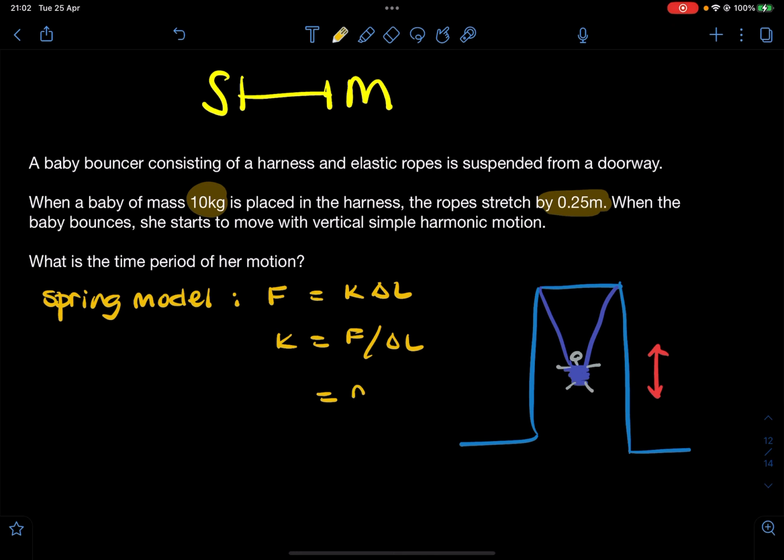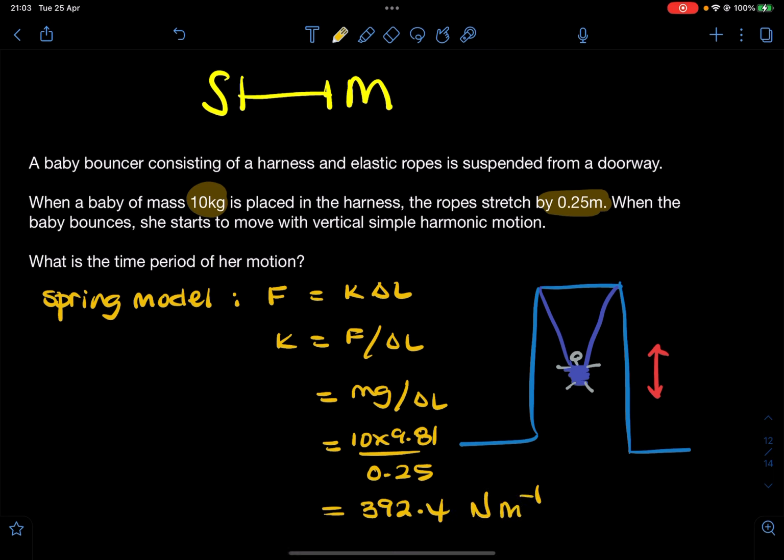And F will be the weight, and the extension is given. So it's 10 times 9.81 divided by 0.25. So that gives you 392 Newton per meter. So that's my value for k.